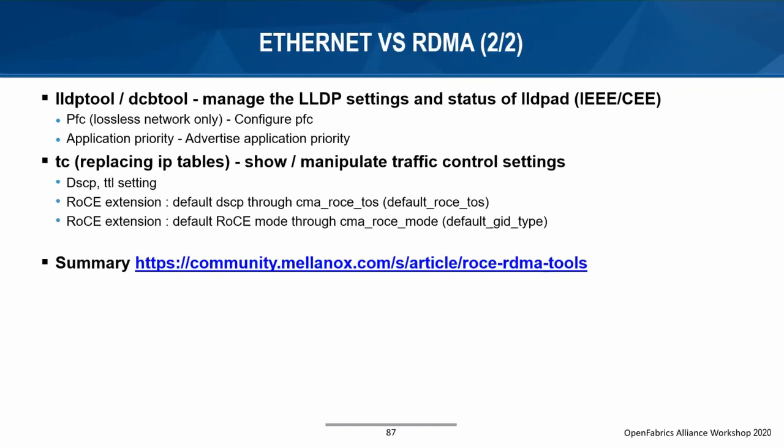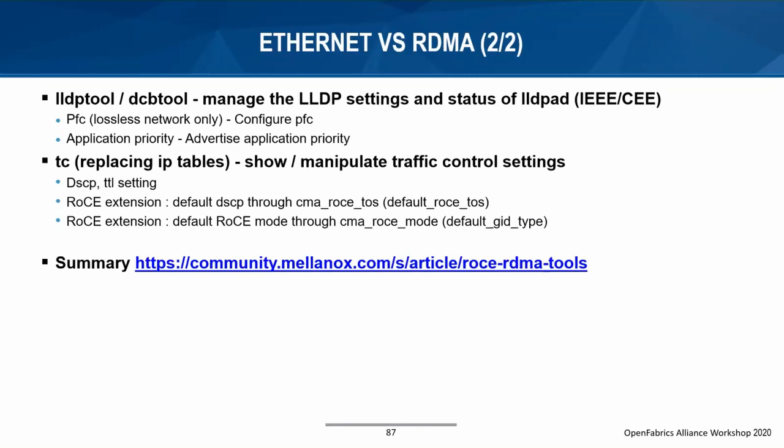So starting from ConnectX-3, 4, 5, 6, and now we are working on 7, and the BlueField device, the SmartNIC, all of them are using the same interface and are supporting the same functionality. So if you have something working on ConnectX-4, it will work on BlueField and on ConnectX-6. And if it doesn't, it's a bug.